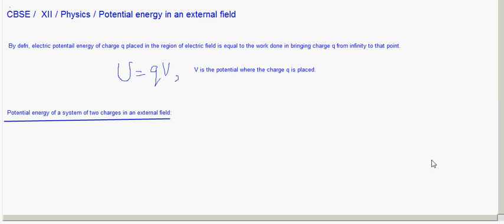We'll consider an origin O, and we'll consider 2 points at a distance r1 and r2 from this origin. Let me say this is r1 and this is r2.